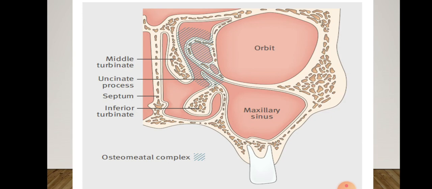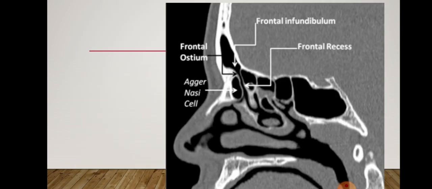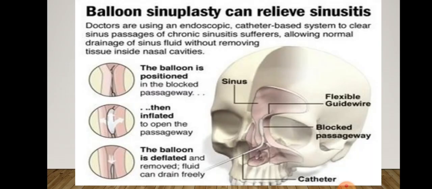And this is a picture showing another osteomeatal complex, a sagittal section of the CT of the head and neck, to show the paranasal air sinuses, which appear as translucent areas. Since they are filled with air, they appear translucent or black.